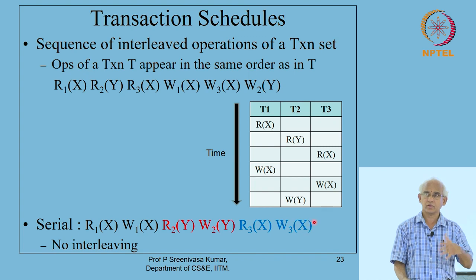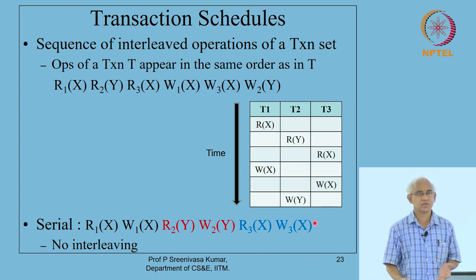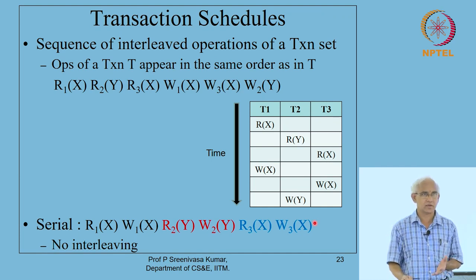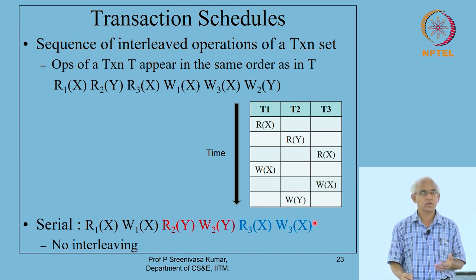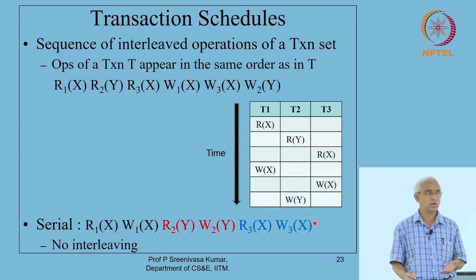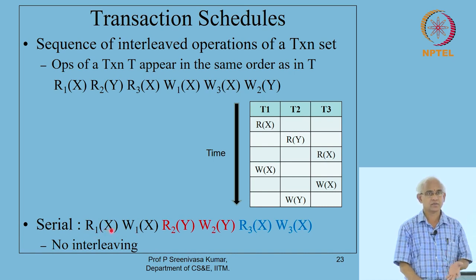Notice that we have discussed earlier that if you have serial schedules, then there is no issue of any problems arising at all, because we are doing one transaction at a time. There is no interleaving, but then the transaction throughput will be very slow, because you are waiting for these reads, writes and disk operations to finish.